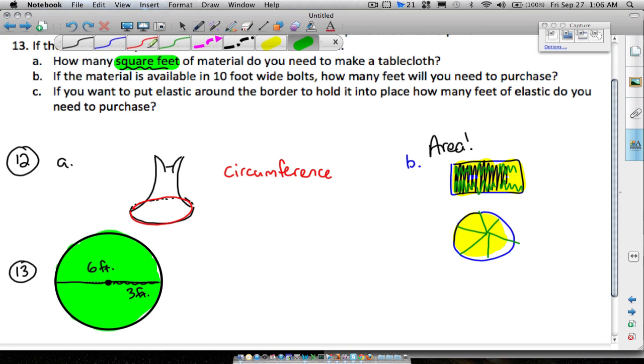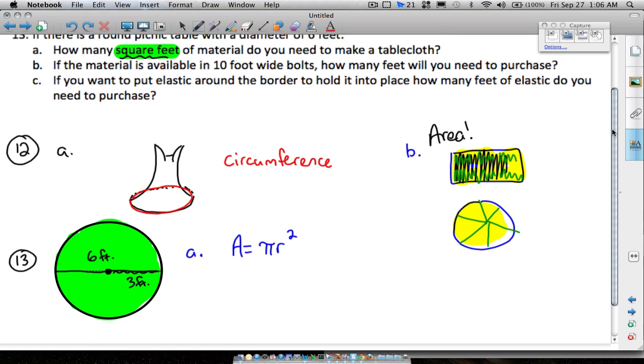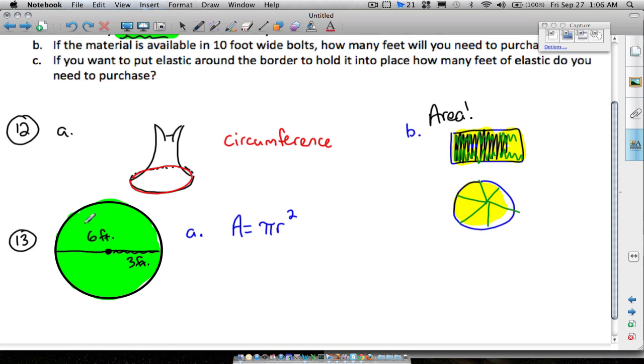Anytime you talk about square feet, square yards, square inches, you want to find the area. So for question A, we want to find the area of that circle. Area equals pi r squared. Well, that's why I went ahead and wrote some numbers up here. But remember, the diameter was 6 feet.